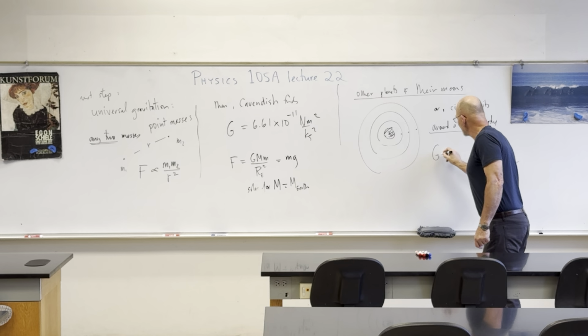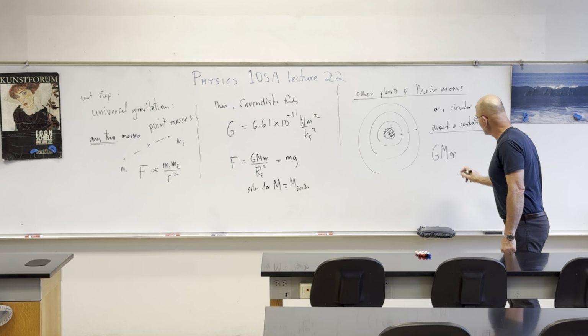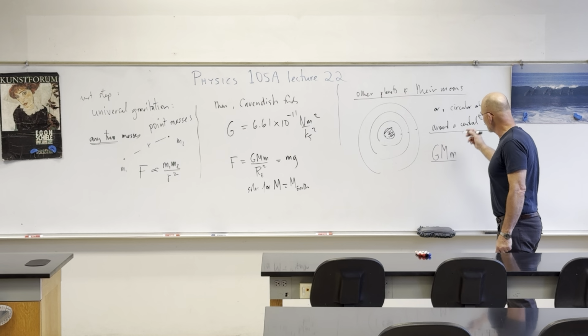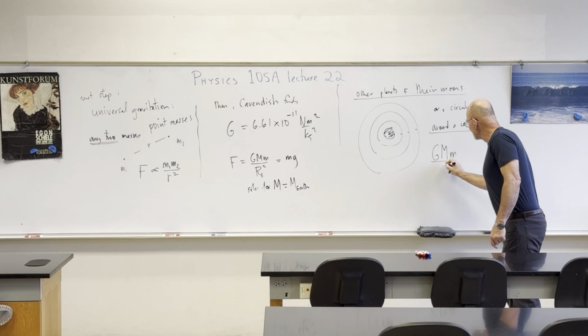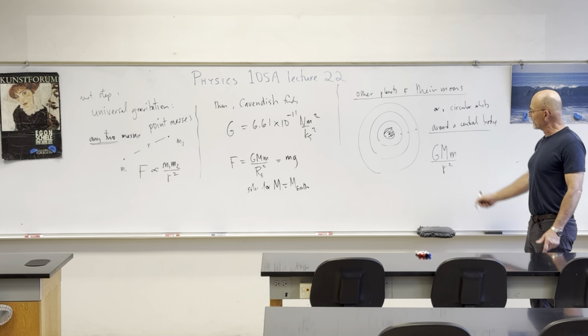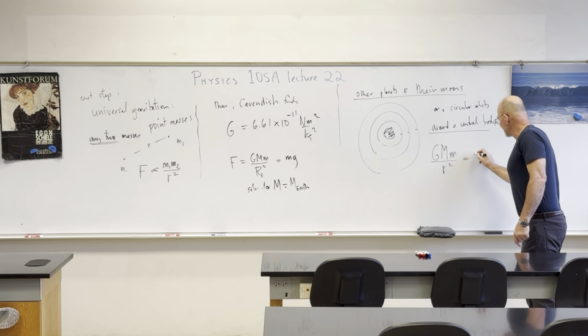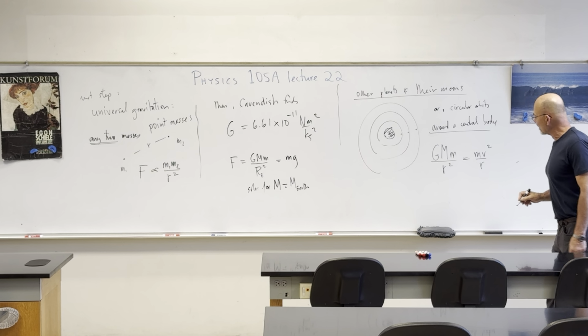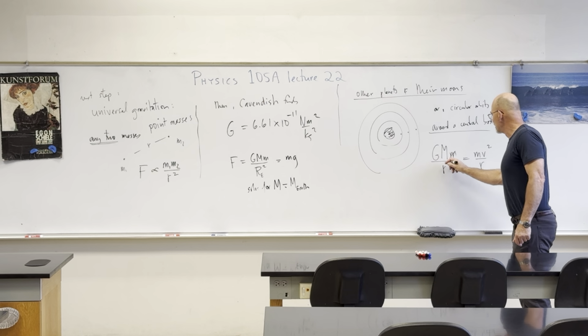You'll say I've got G, the central body's mass, and the orbiting satellite. So there's your force law, right? Now that we have all these things. And that is m v squared over r. Okay. These cancel.